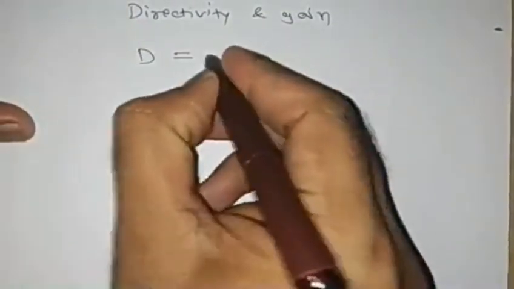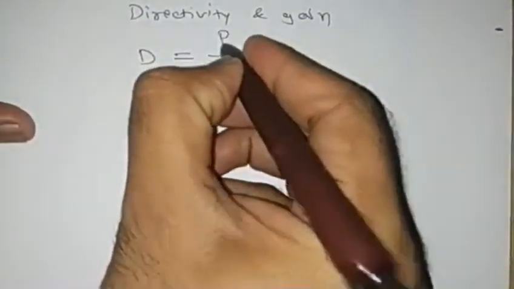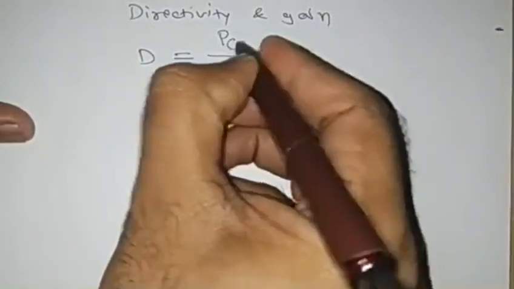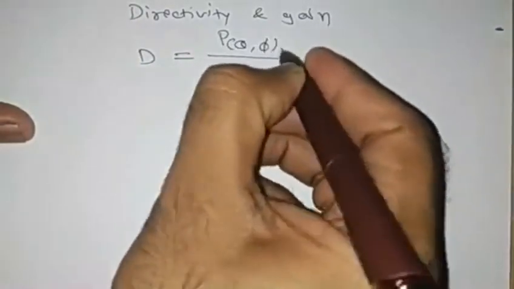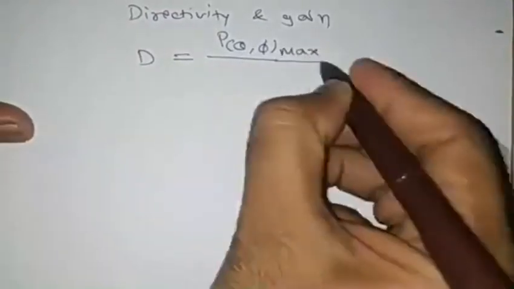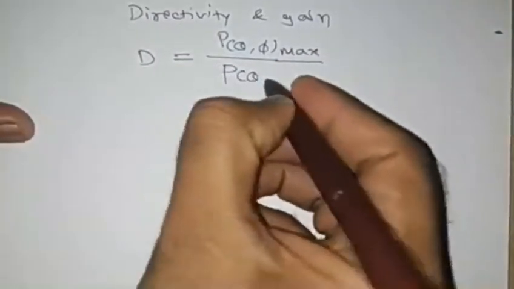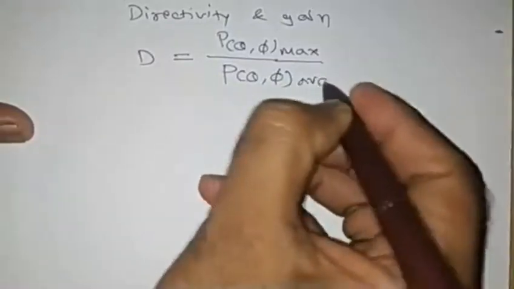The next concept is directivity and gain of an antenna. Directivity of an antenna is defined as the ratio of the maximum power radiated by an antenna to its average value.